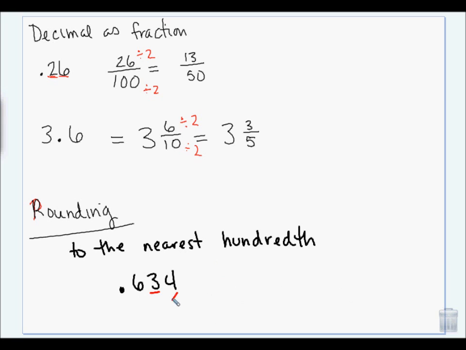So this is the number that I need to look at. This is less than 5, so it would round to 0.63. Here's my hundredth. 9 is obviously larger than 5, so it would round to 0.25.